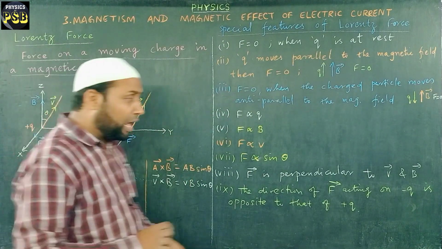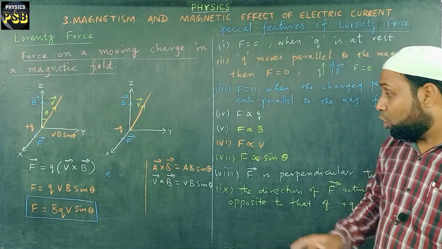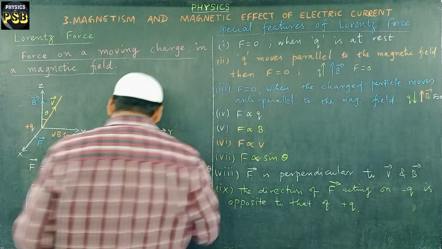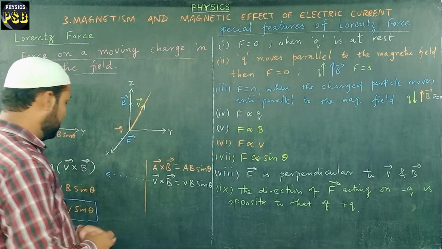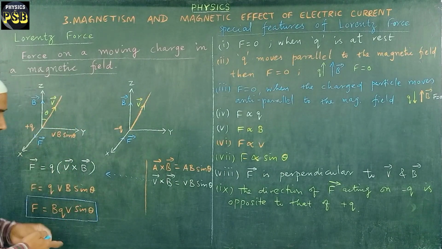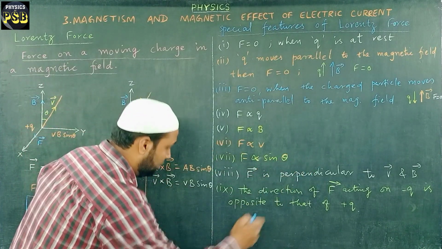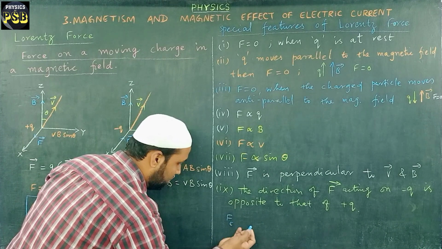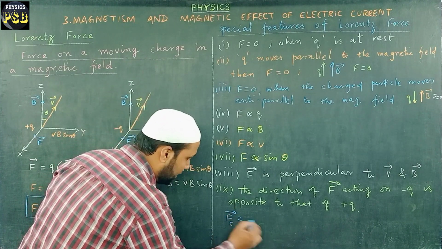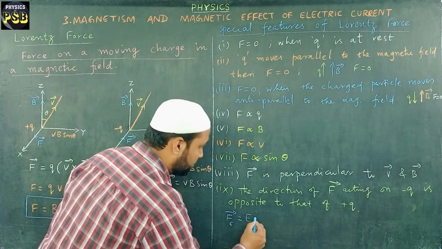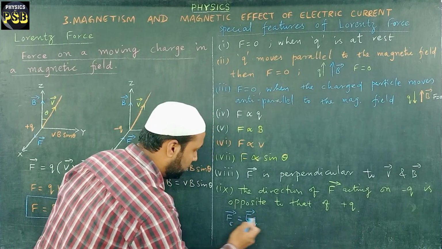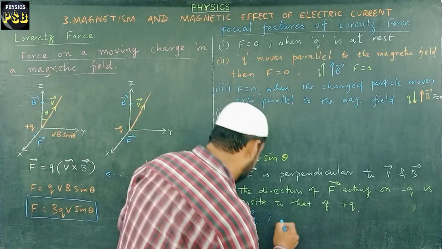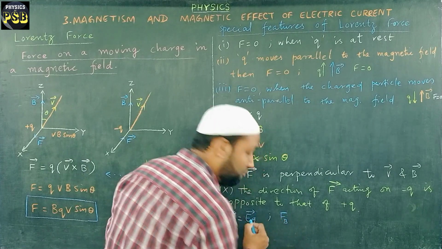Now let me tell you what happens when the electric field acts along with the magnetic field on a moving charged particle. In such a case, the force experienced by the charged particle due to the electric field, say I take it as Fe, is E vector dot Q. Then the magnetic Lorentz force, I take it as Fb vector.